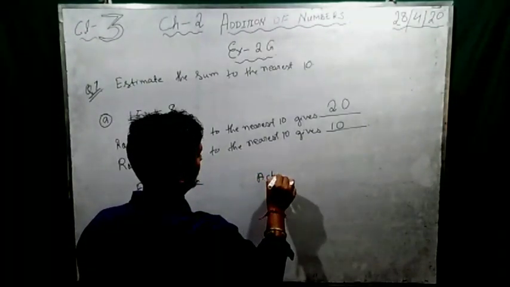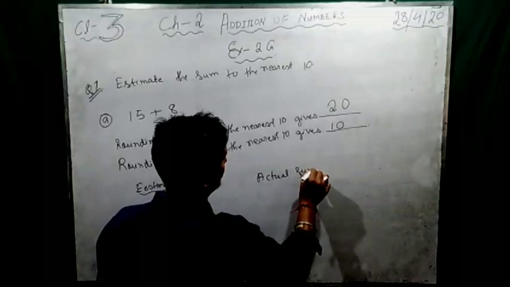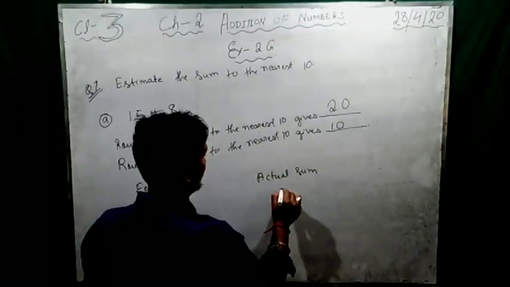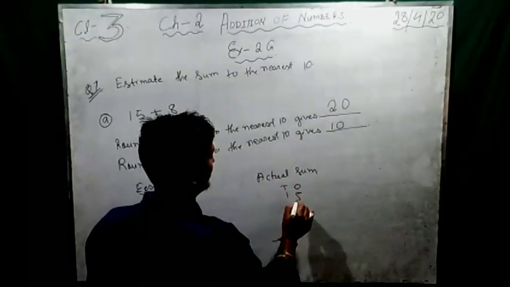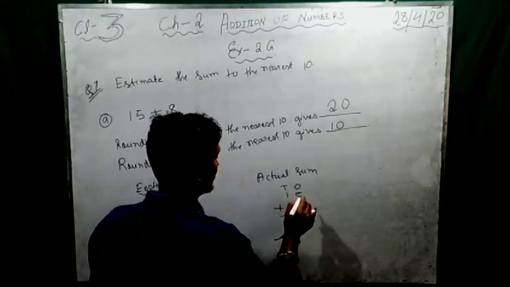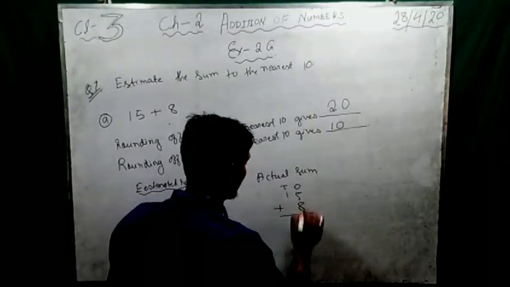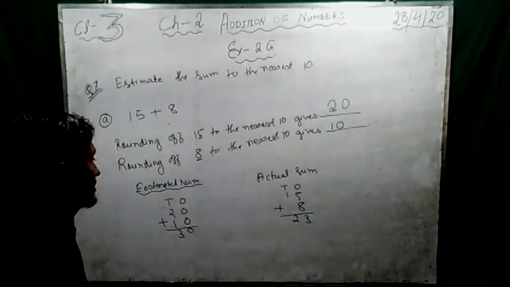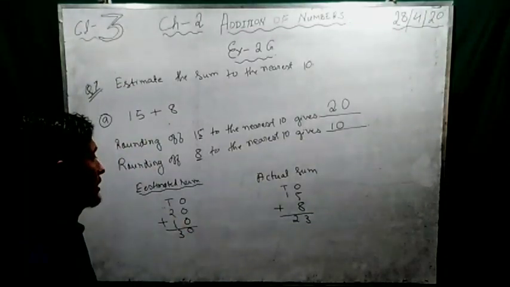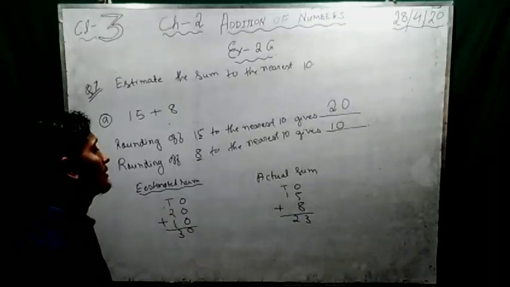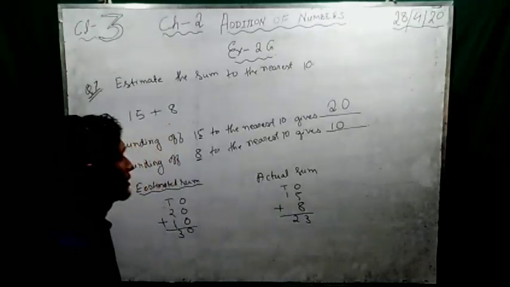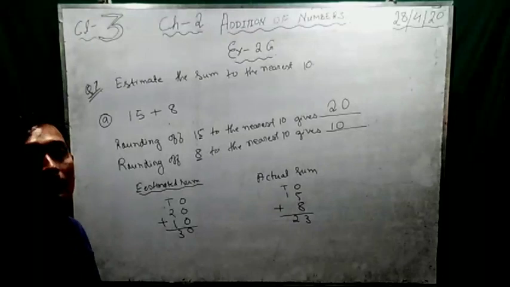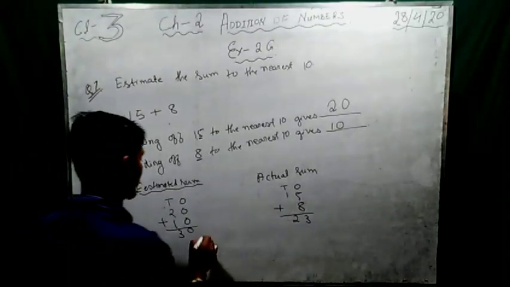Actual sum, what is that? 15 plus 8. What is that? 23. Clear everyone? So the estimated sum is 30 and the actual sum is what? Actual sum is 23. Done?